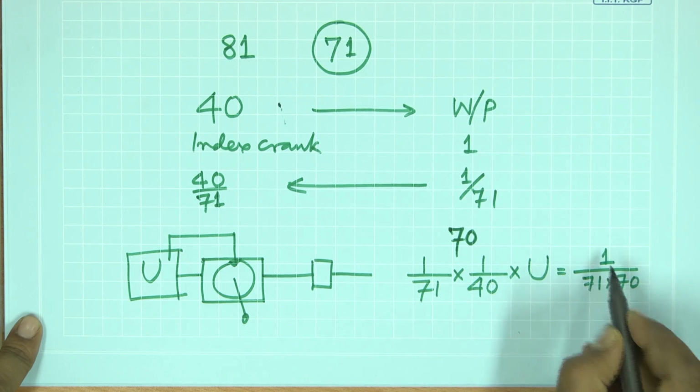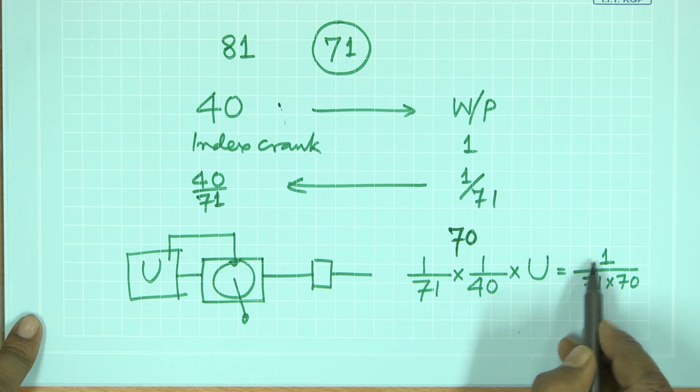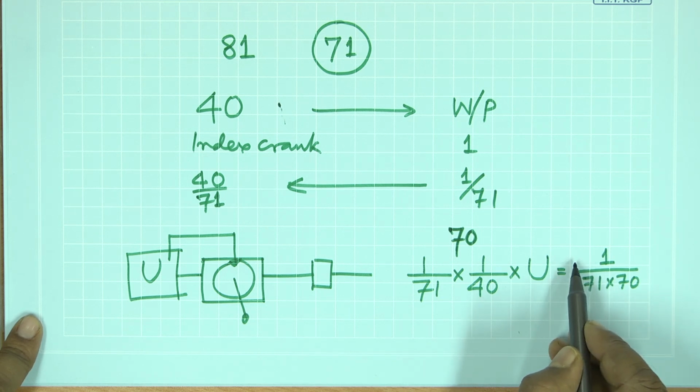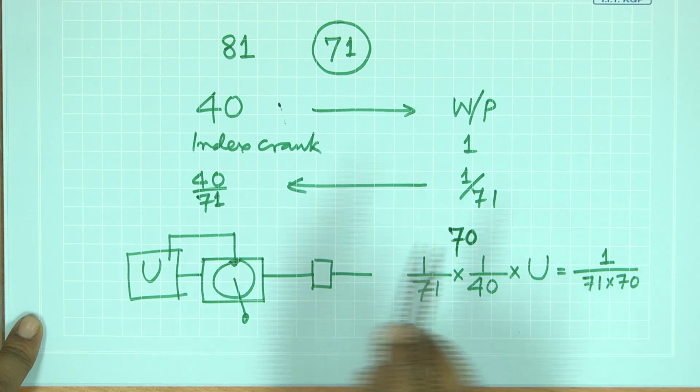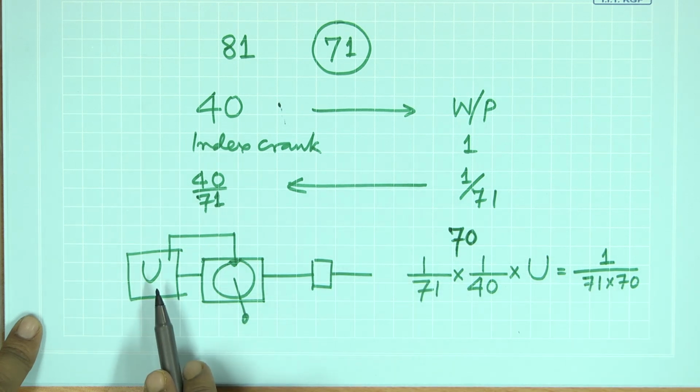If there is a negative sign present here, it indicates that an extra idle gear has to be included in order to change the direction of rotation.